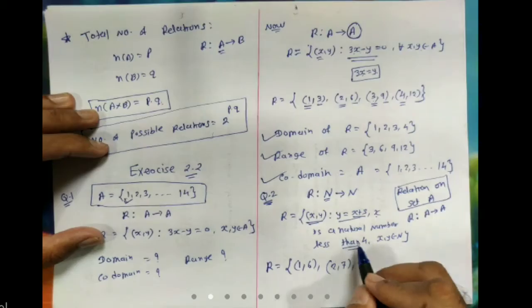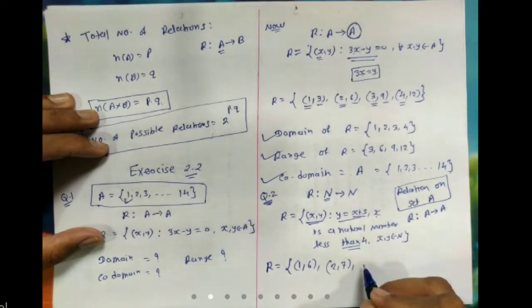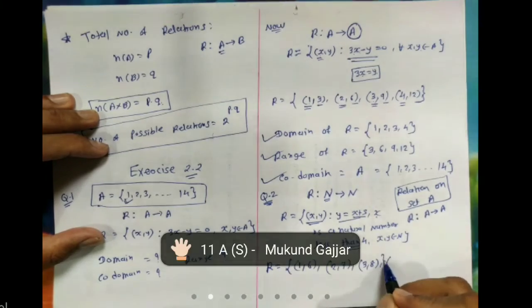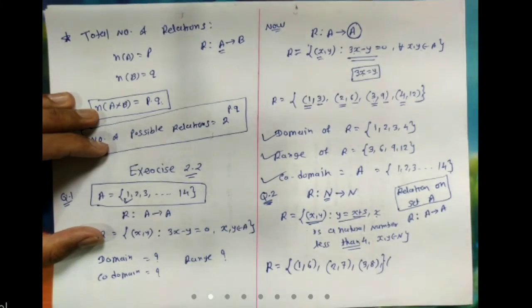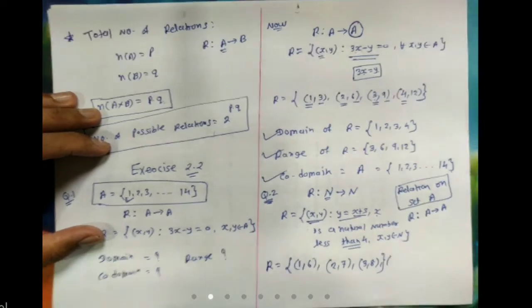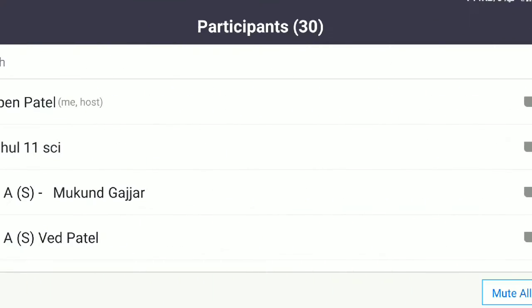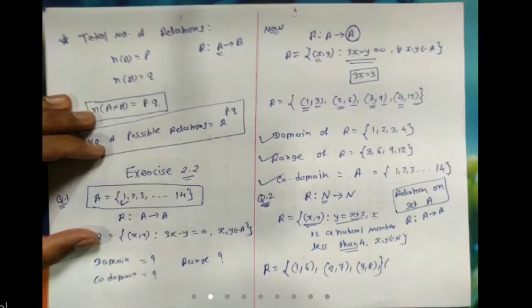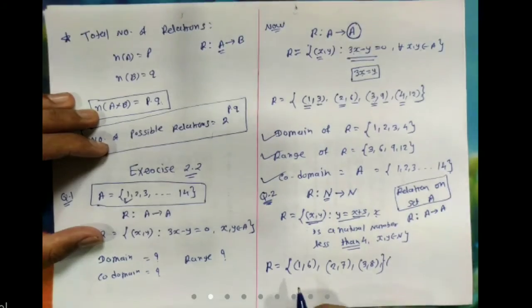You can also take x as 3 because it's a natural number less than 4, so (3, 8). Don't take 4. So this is (1, 6), (2, 7) and (3, 8). So this is relation R.